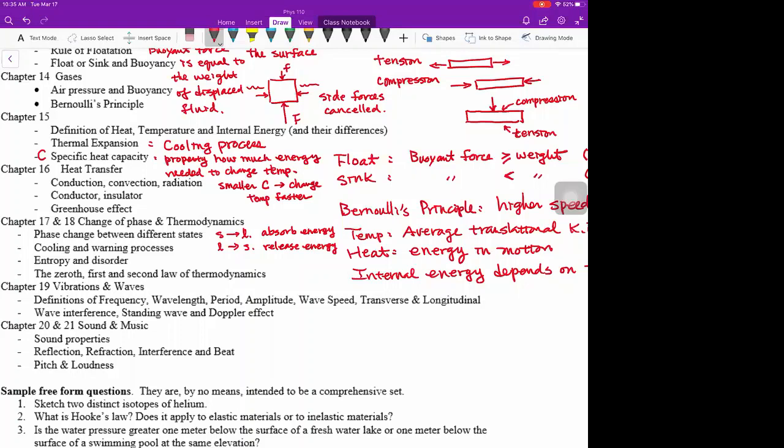So if you go condensation, what kind of process would that be? And if you go evaporation, what kind of process would that be? So evaporation is the cooling process. Condensation is a warming process.